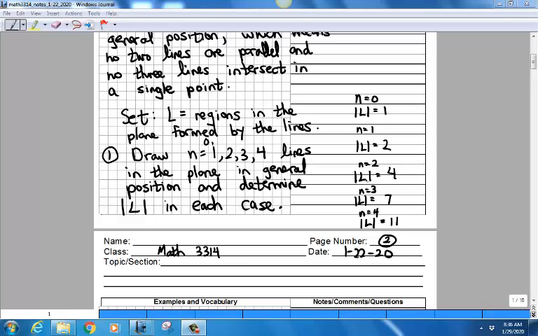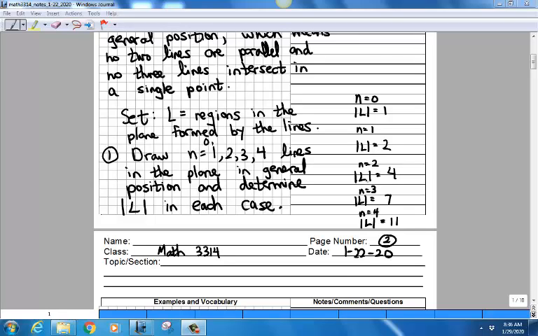All right, so that's the basic counting problem. The set L is going to be the number of regions formed by the lines, and of course the set L changes when you draw different numbers of lines. We just want to count that set. Obviously, that set is going to be non-empty. Even if you don't draw any lines at all, the plane itself forms one big region.